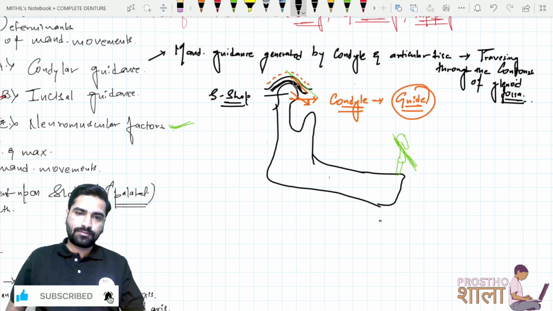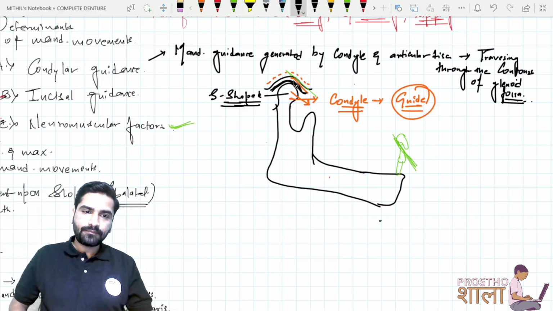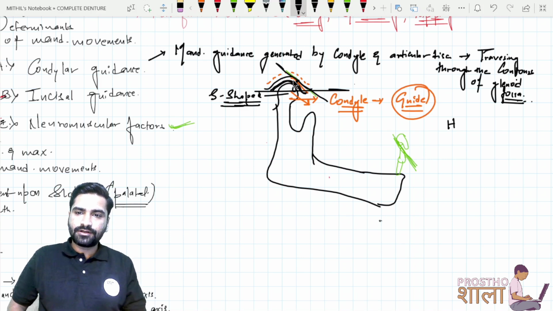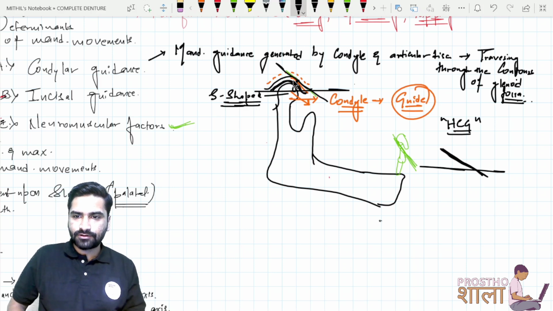So the movement which the mandible will generate also will be an S-shaped movement, right? The angle formed by this plane is called the condylar guidance angle. Horizontal condylar guidance. The angle formed by the traversing condyle in relation to the horizontal plane is called horizontal condylar guidance.